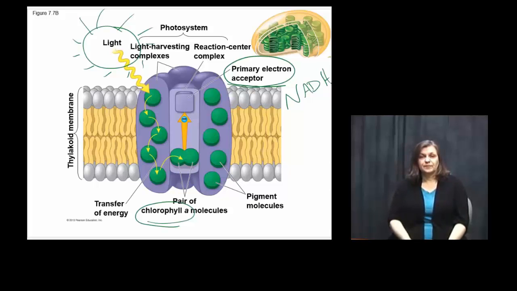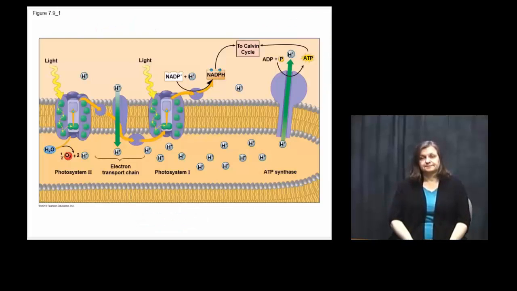So in our light energy reactions, we're actually going to move electrons between two different photosystems and harvest the electrons from two different photosystems when we're all done.